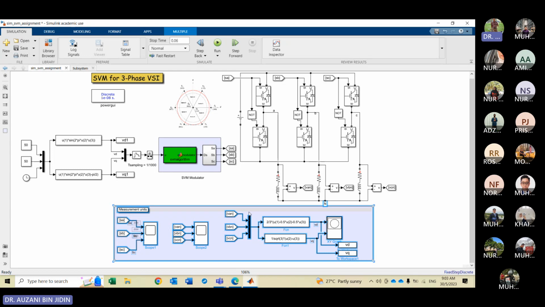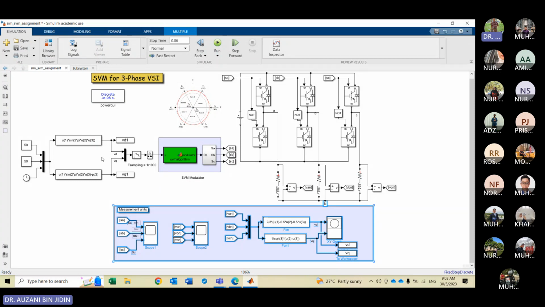Okay, then before this, you apply the constant block, right, to represent the signal for VD and VQ, the reference signal of the modulator, which are VD and VQ. And before this, you apply the constant block.